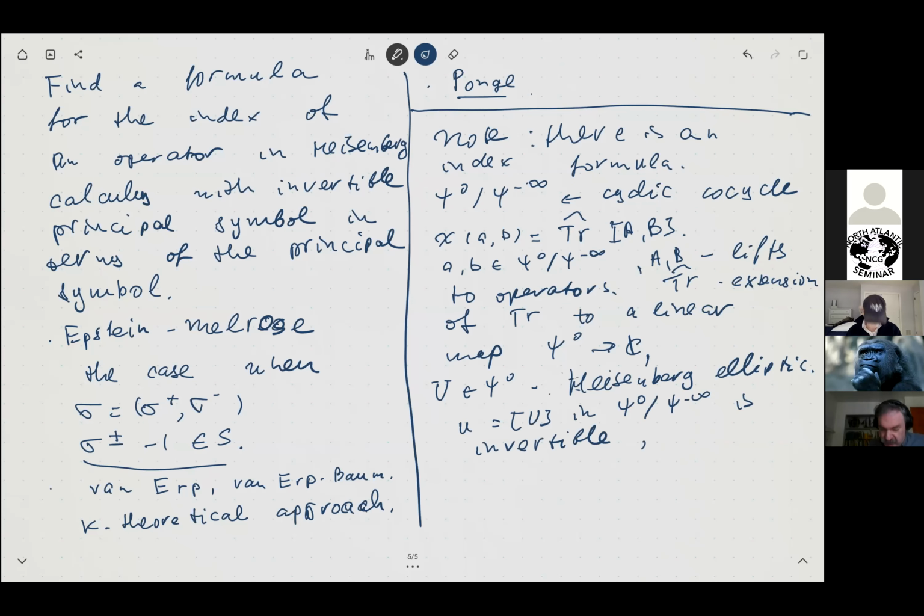Therefore, the pairing of chi with the Chern character of U, which is chi evaluated on U inverse and U, will be, I think, up to a sign, the index of this operator. So the cyclic cocycle chi on this quotient computes an index, in the sense that if you pair it with an invertible element, you will recover an index.